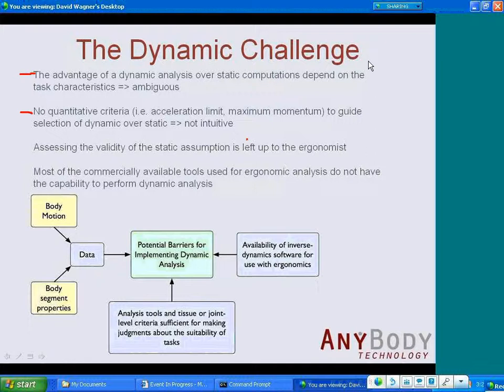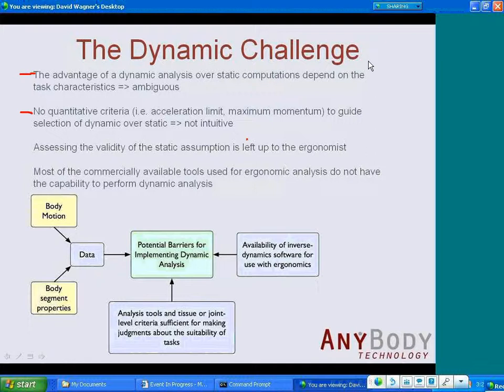I know from my own experience that if I were to analyze someone throwing a baseball fairly fast, a baseball pitch, I'd probably use dynamic analysis. But at what point does that transition between dynamic analysis being readily required to static analysis being sufficient?